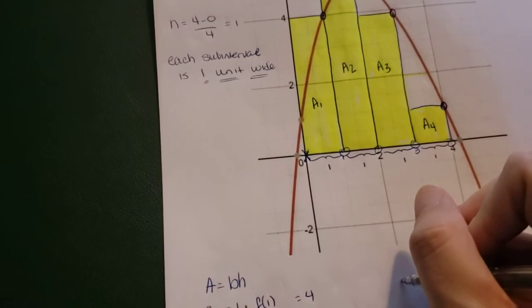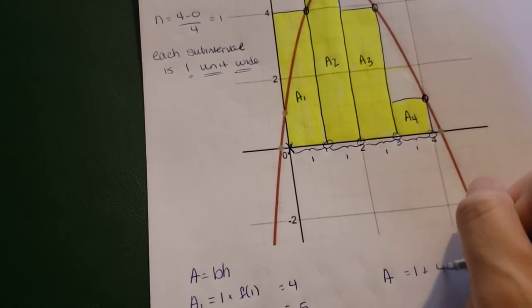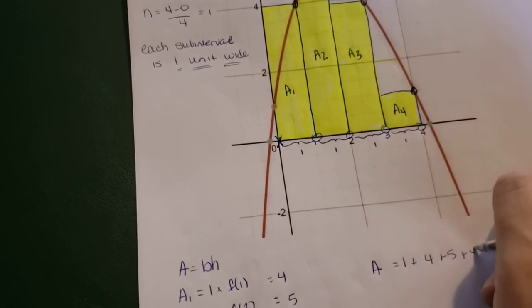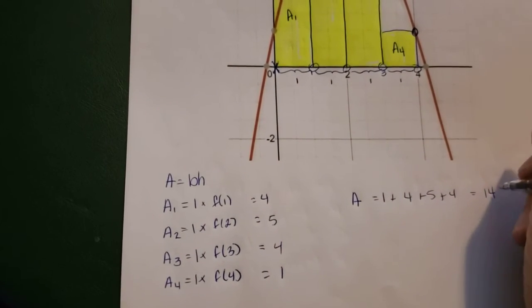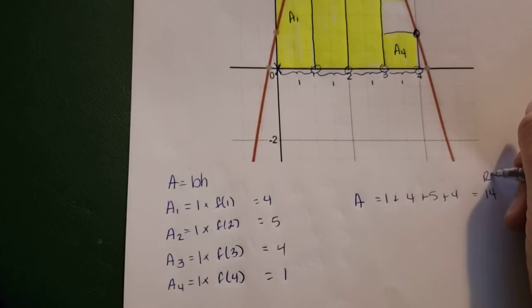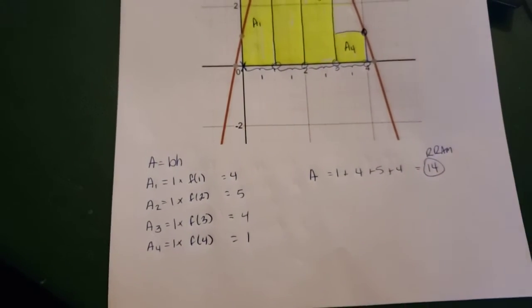We add those all together to find our area. I added them backwards, sorry. And we get, again, that our right rectangle approximation is 14 as well.